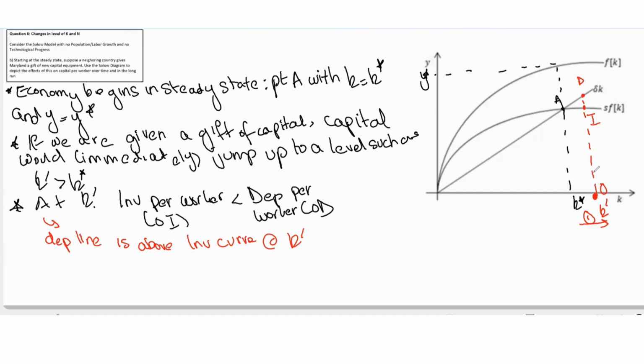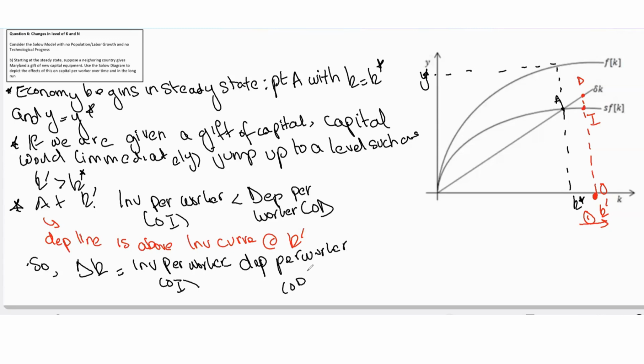At K prime, investment per worker, OI, is less than depreciation per worker, OD. So the change in capital per worker, which is equal to investment per worker, OI, minus depreciation per worker, OD, is less than 0.